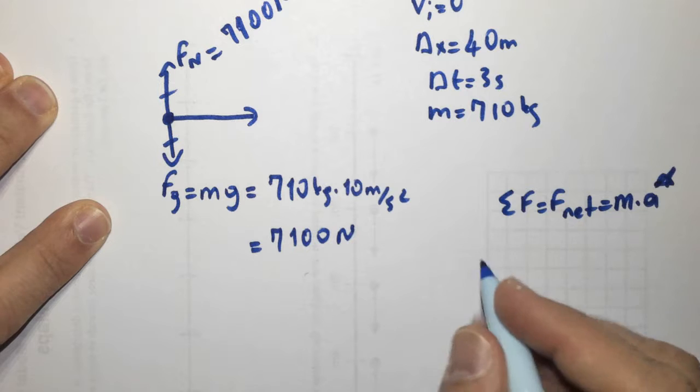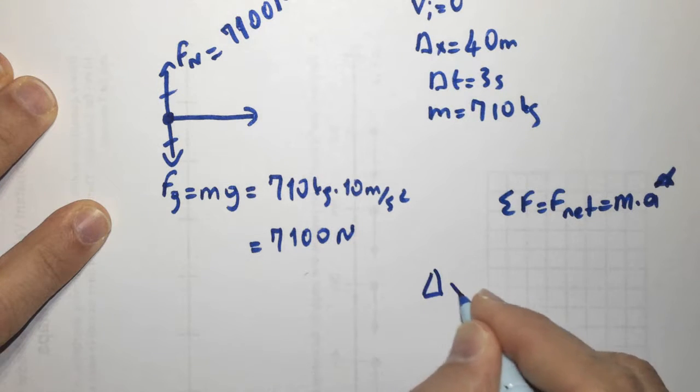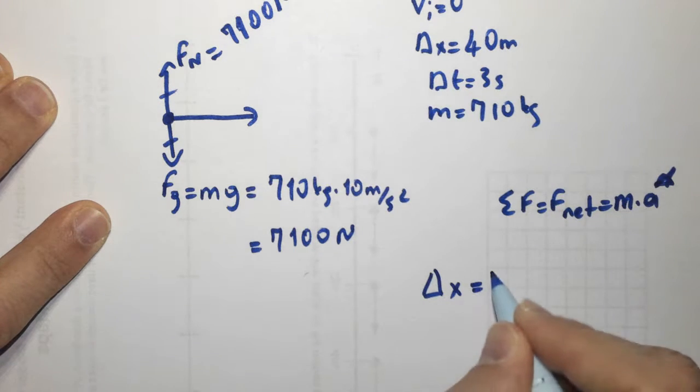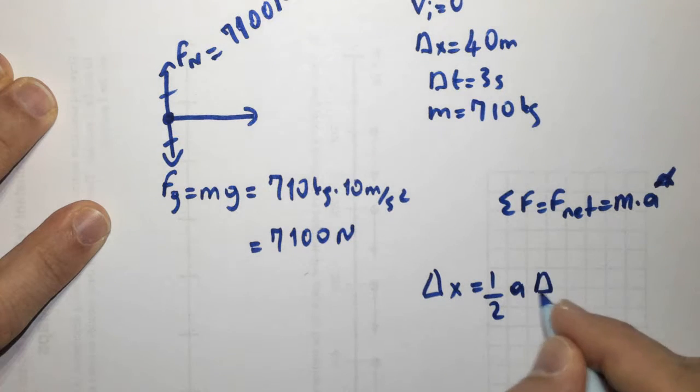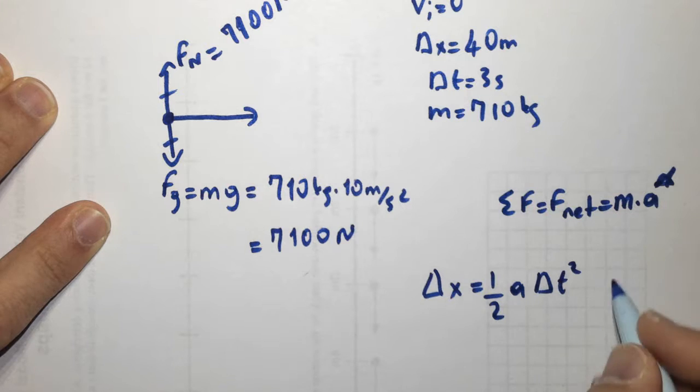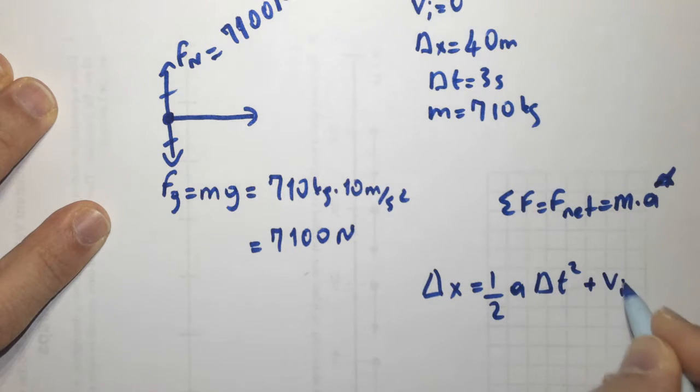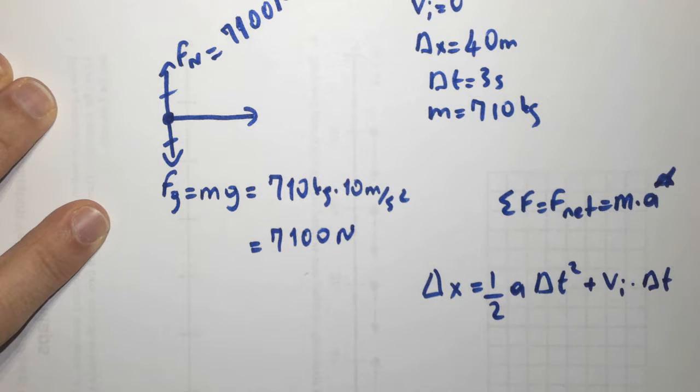So let's write down delta X equals 1/2 acceleration times delta T squared plus V initial times delta T. This part will be 0 because initial velocity is 0, right? So let's plug in everything we know.